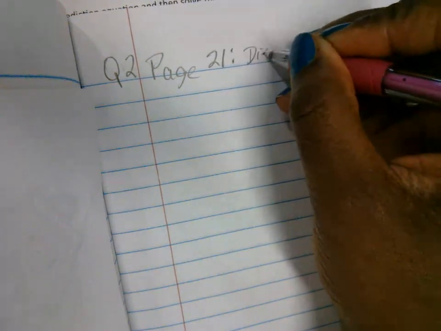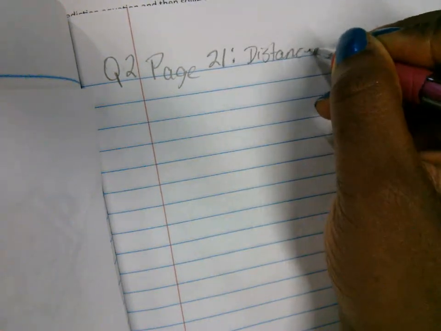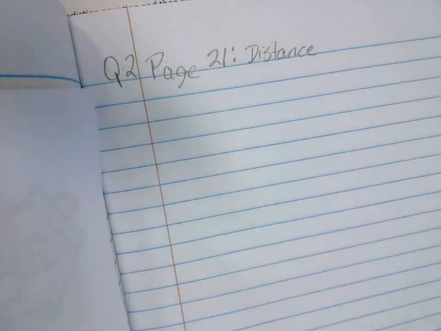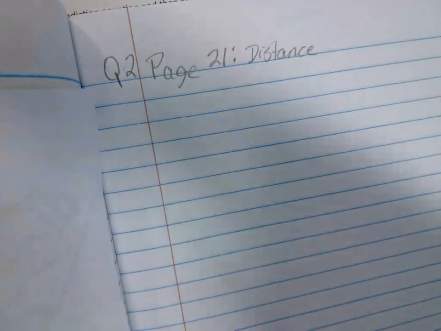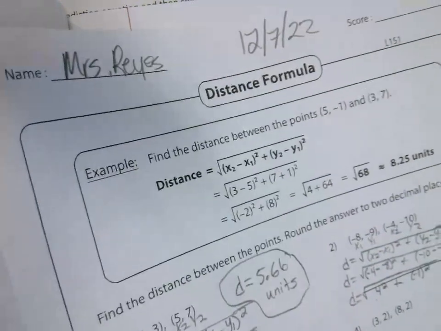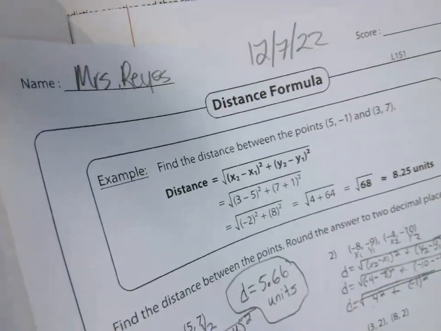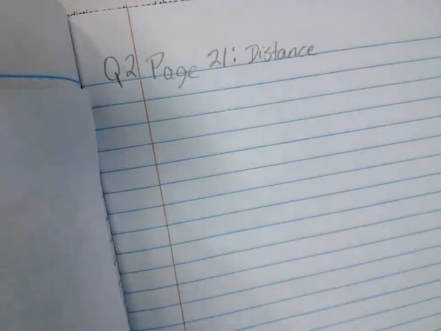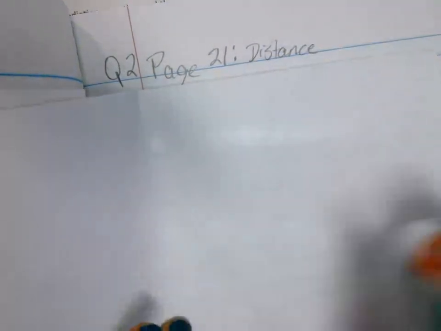21 is distance. That's the distance sheet that I gave you on the way in the room that we did. This sheet right here is page 21. We're gluing it in because you need it for your project. This is the 5th test.